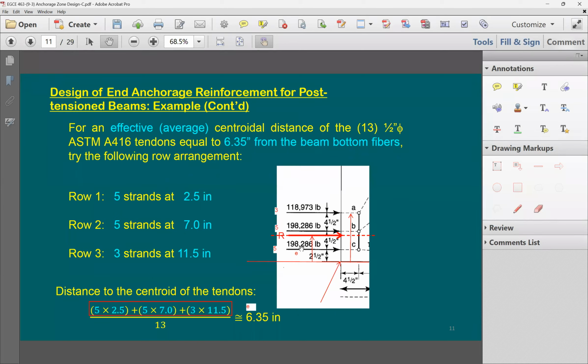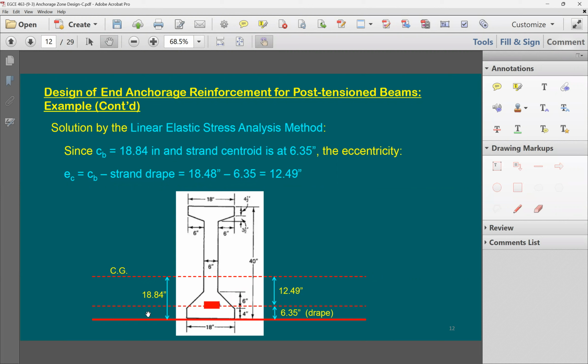The distance from the centroid of the beam to the resultant location is what I call e. How is this determined? I have y to the bottom, 18.84, subtracting 6.35, which is 12.49, my e in the analysis. I really care about this because when I do the stress distribution throughout the depth of the beam, I need this number here.